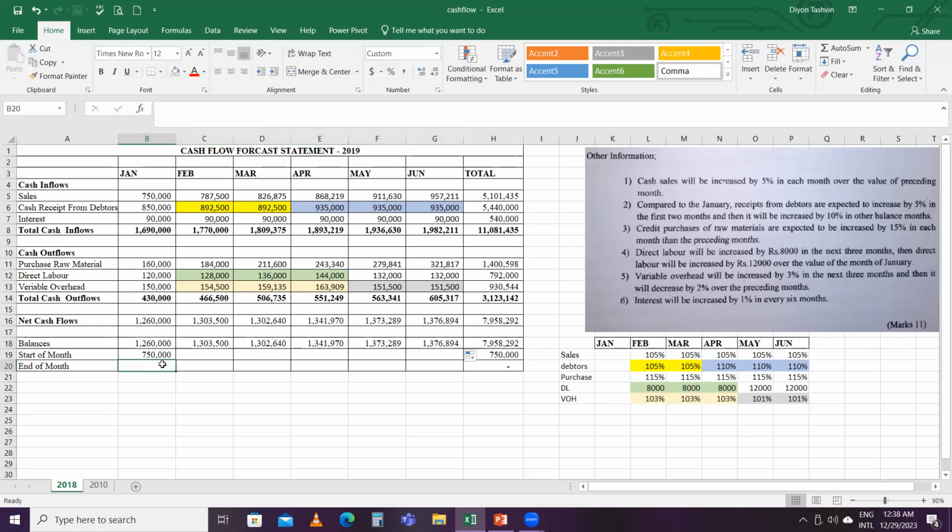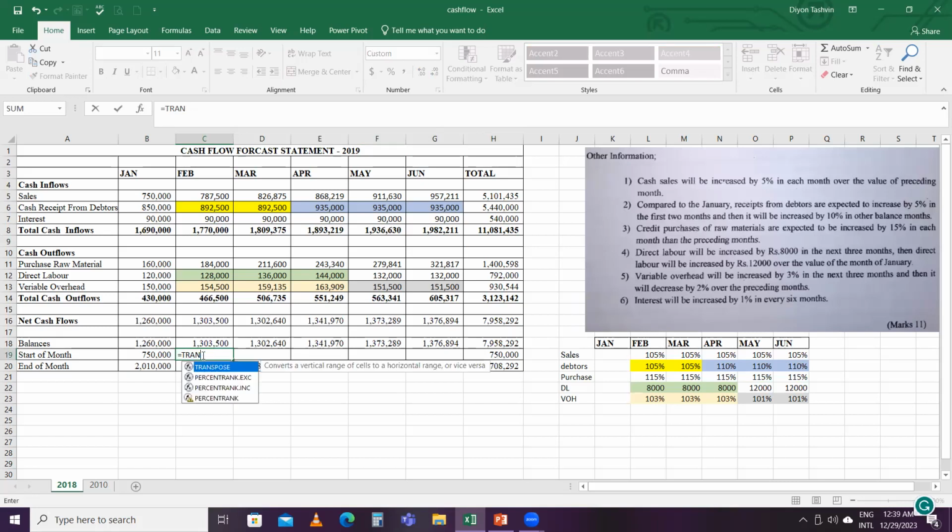Then what I'm going to use, I'm going to calculate the end month value. End month value is the summation of the balance and the beginning balance. So you know, end of the month value means the beginning, right?